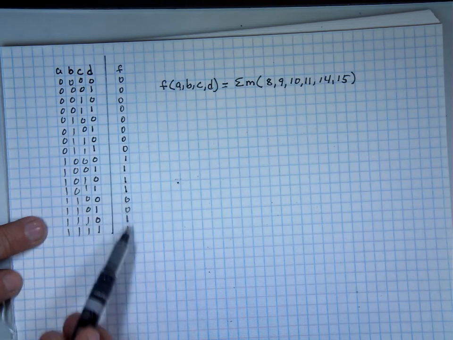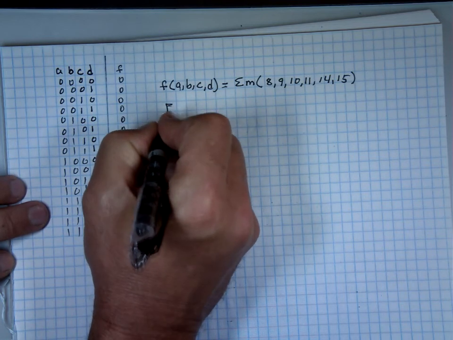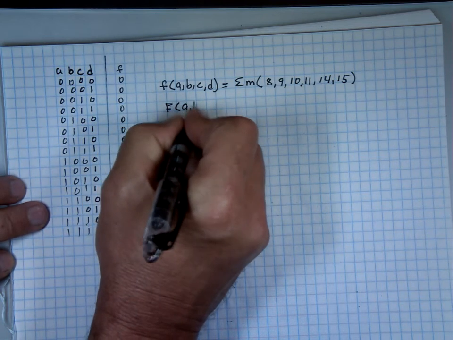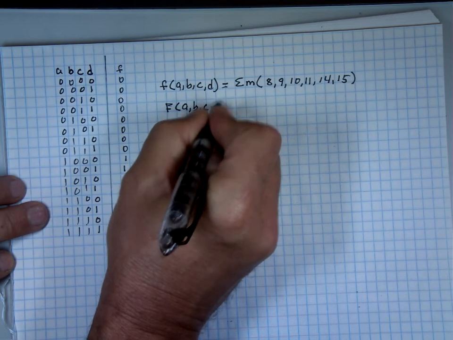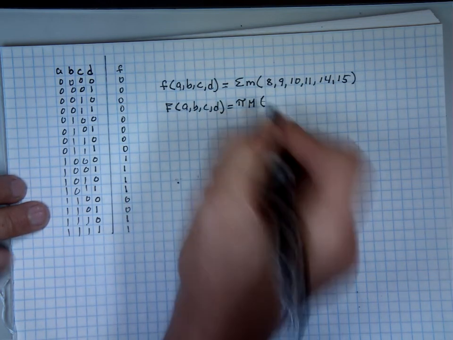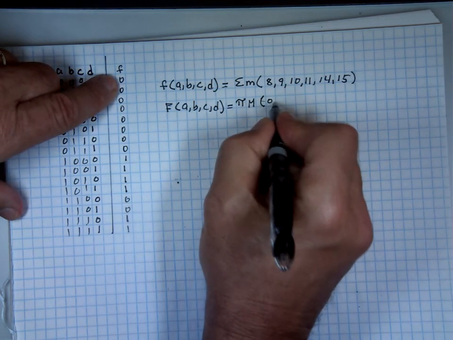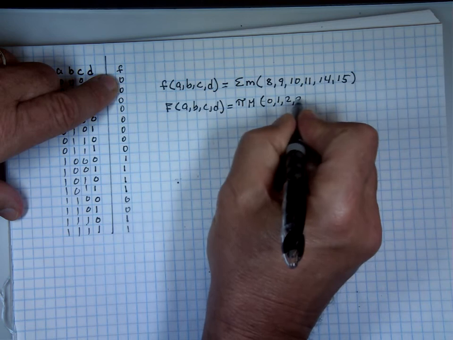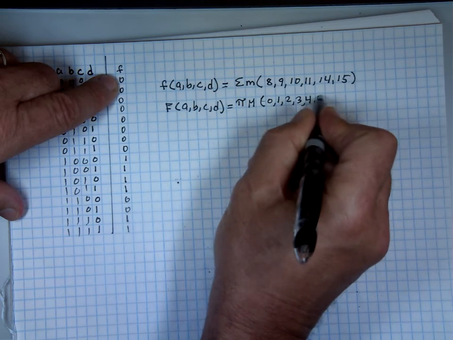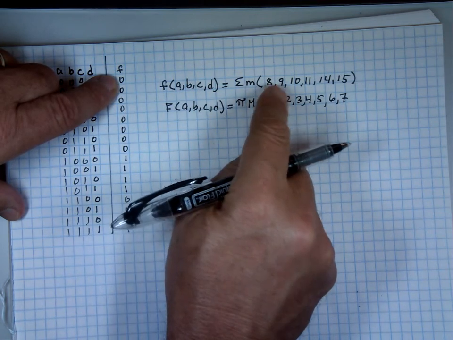And maxterms, that's where the zeros are. It's when you see the product of maxterms, that's where the zeros are. The zeros where? 0, 1, 2, 3, 4, 5, 6, 7. 8 is gone, 9 is gone, 10 is gone, 11 is gone, 12 and 13.